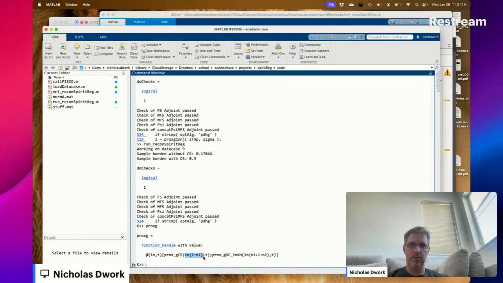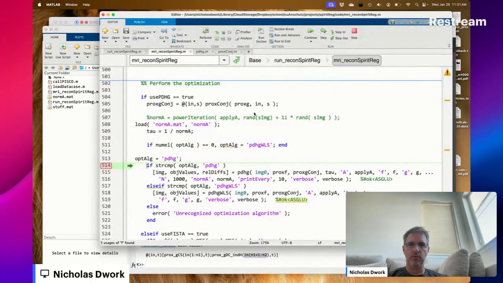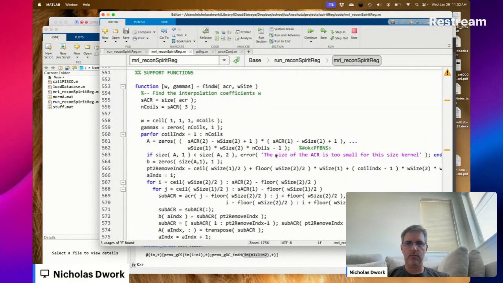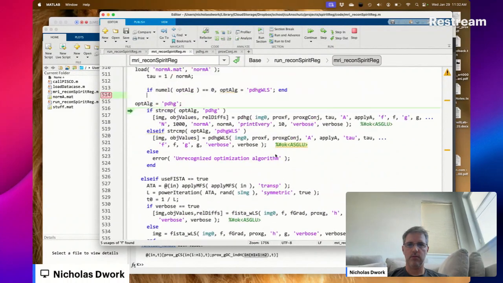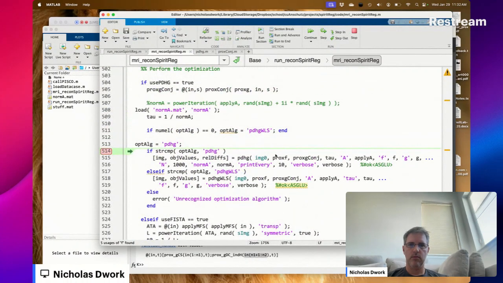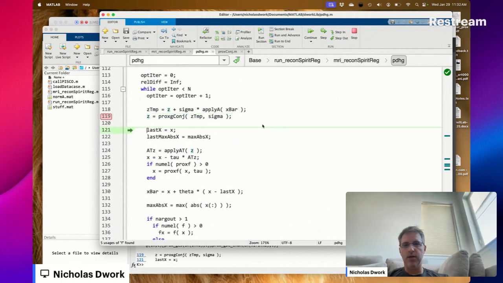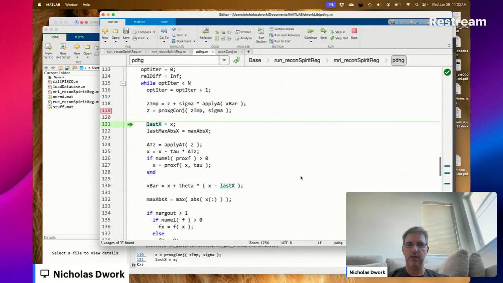And these are column vectors, which is another thing I keep confusing myself with. I don't see an issue with the prox G conj.